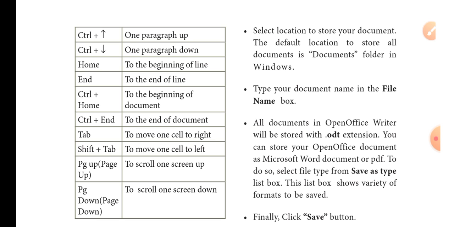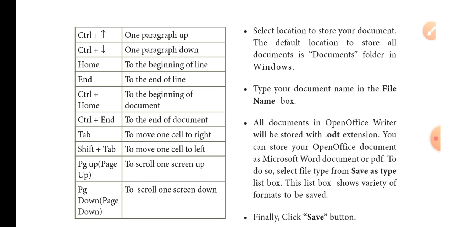These keys are also used for moving the insertion pointer in the document. When you press the home button on the keyboard, the insertion pointer moves to the beginning of the line. The insertion pointer may be in any position of the line.